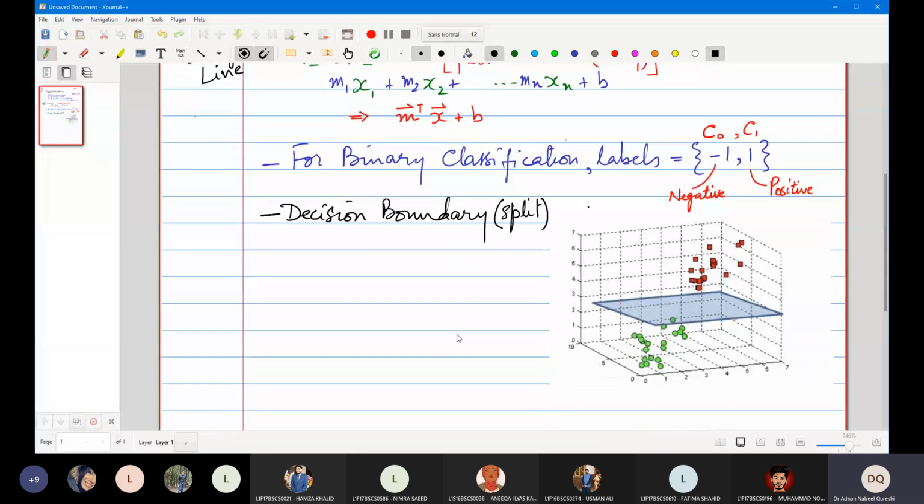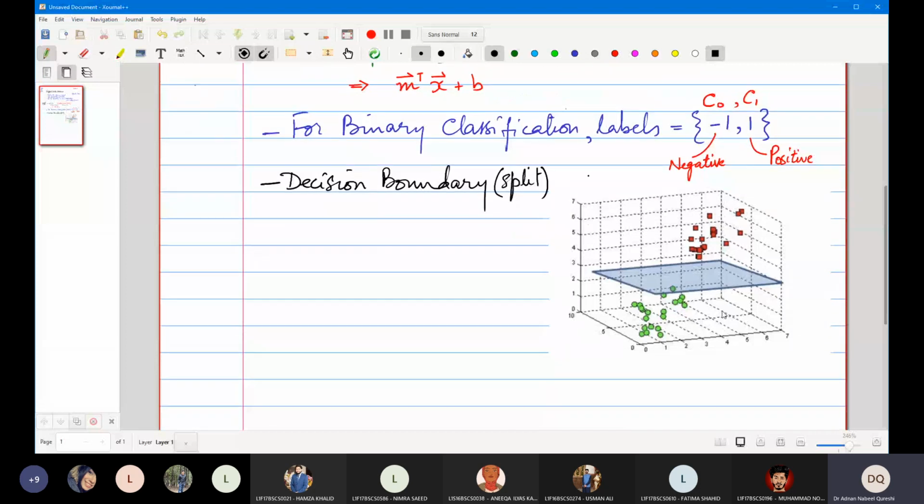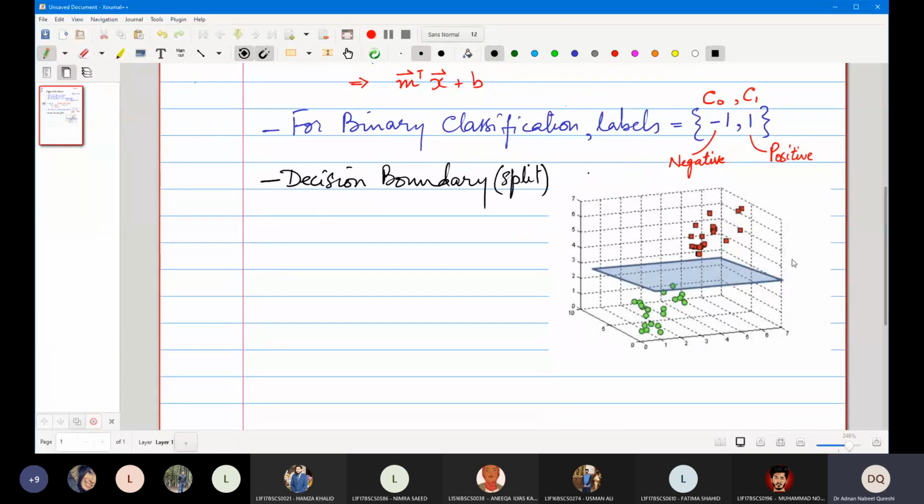So in this particular image, if we consider this to be the boundary, then the red samples are on top of this, whereas the green samples are below this boundary.